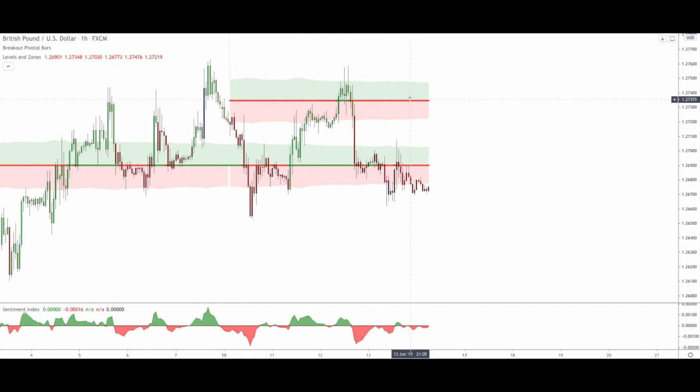So since we are sitting below two major resistances, the price is likely to go down. Moreover, what I see is that if I draw a trend line here, the price has made an impulsive movement to the downside and then is making some kind of retracement here, so a consolidation.